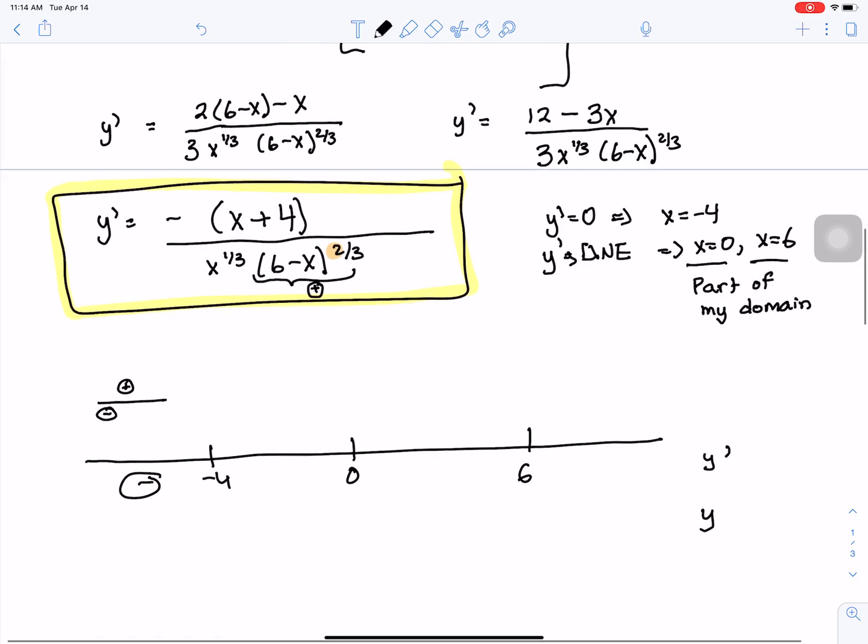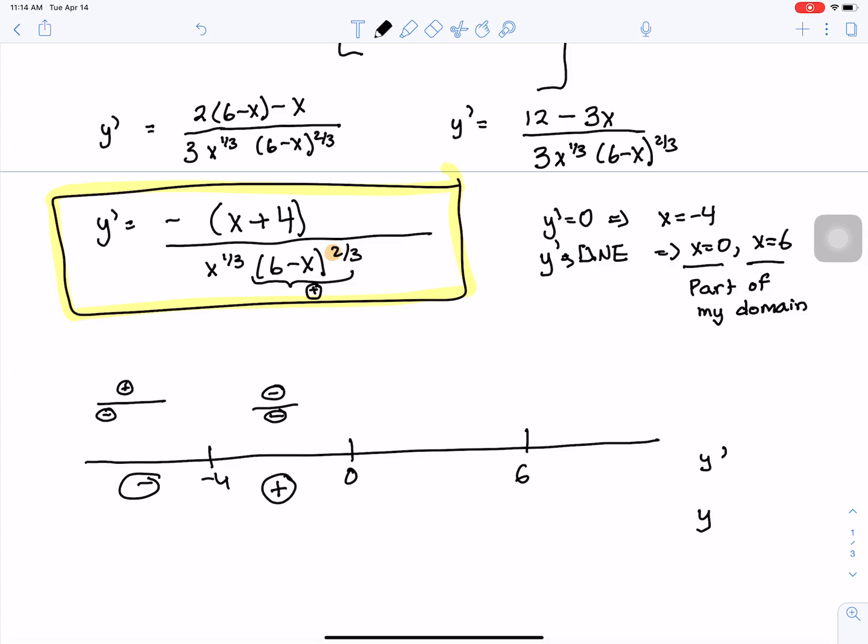If I take a number like -1, my numerator will be negative. My denominator will be negative as well because the cube root of a negative is negative. So this will give me an overall positive result. If I sub in x equal to 1, my numerator will be negative.